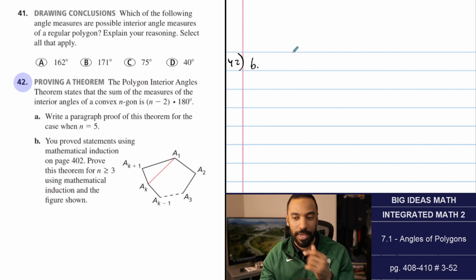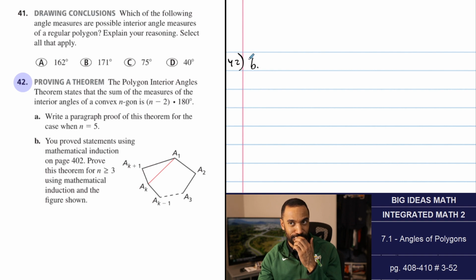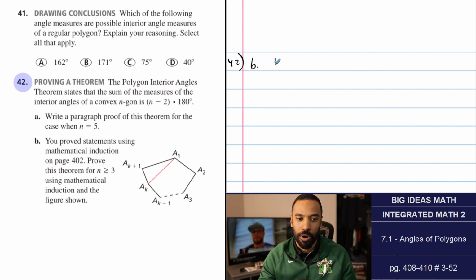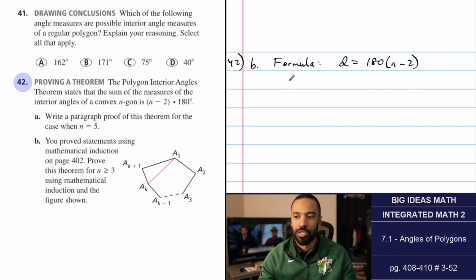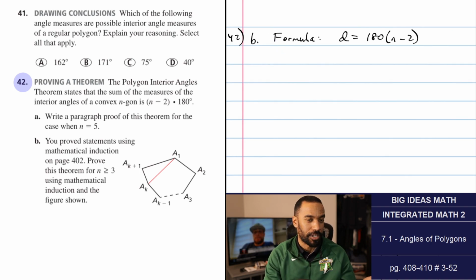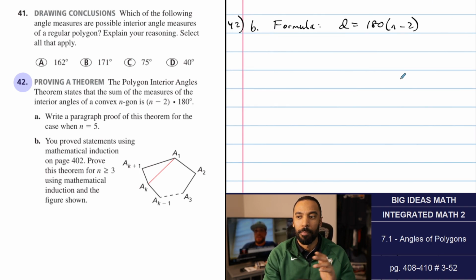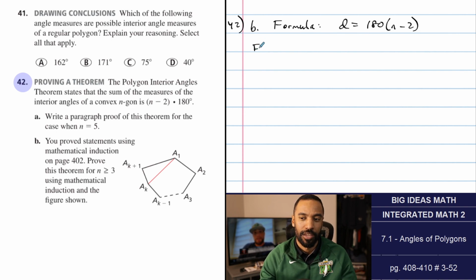So let's see if I remember math induction. Generally, you first show it works for n equals 1. So the formula for this theorem is d equals 180 times n minus 2. I don't even have the page on here, so I can't use that, but I'll write it in my own way.